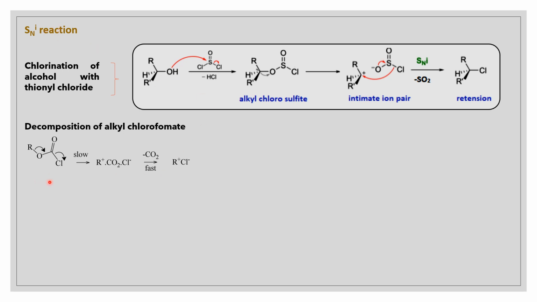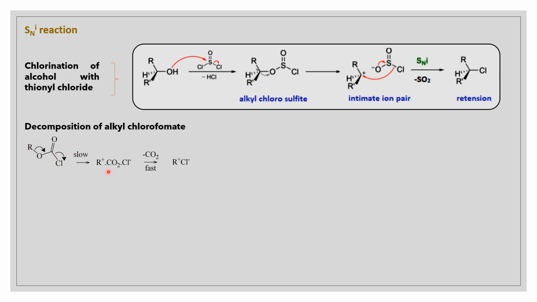Now, another example. It is not really another example, it is about the mechanism in detail. If you consider the decomposition, or else you can consider it as a different example, here you have a substrate which is known as an alkyl chloroformate.